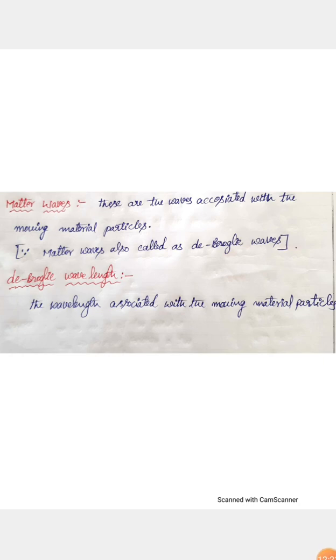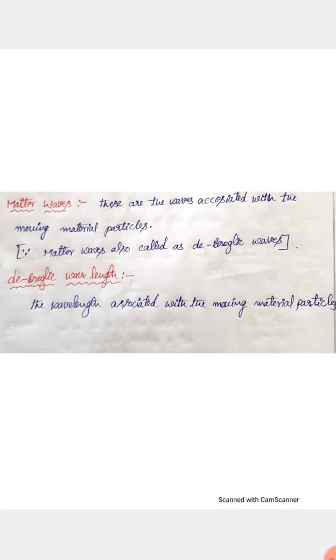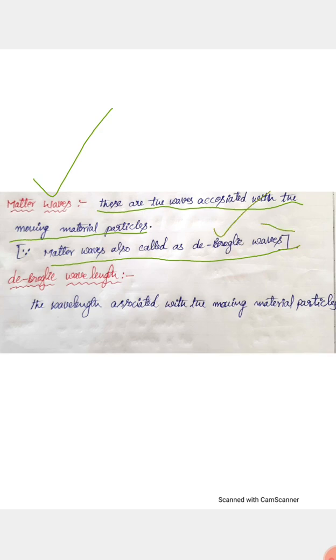Next, what is a matter wave? These are the waves associated with moving material particles. When a particle moves with a certain velocity, the wave associated with it is called the matter wave. That matter wave is also called the de Broglie wave, since these waves were proposed by de Broglie.